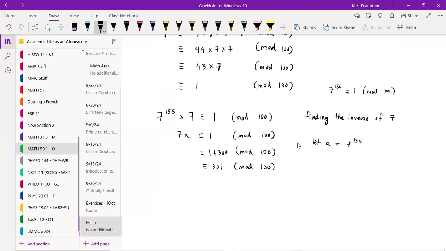Now, we can already divide 301 by 7. So, A congruent to 7 to the 155 is going to be 43 mod 100.